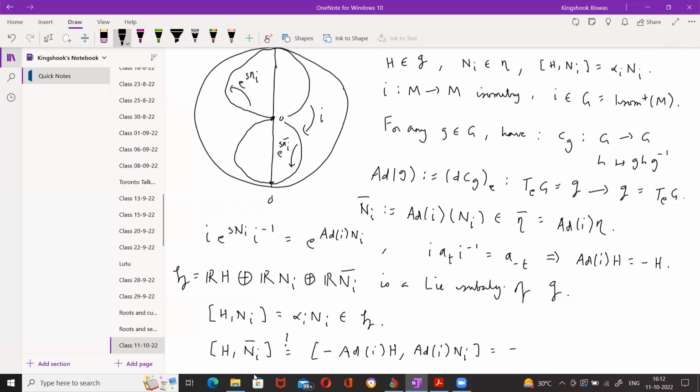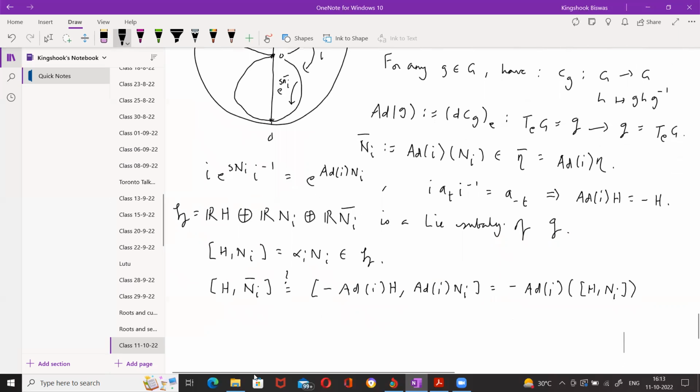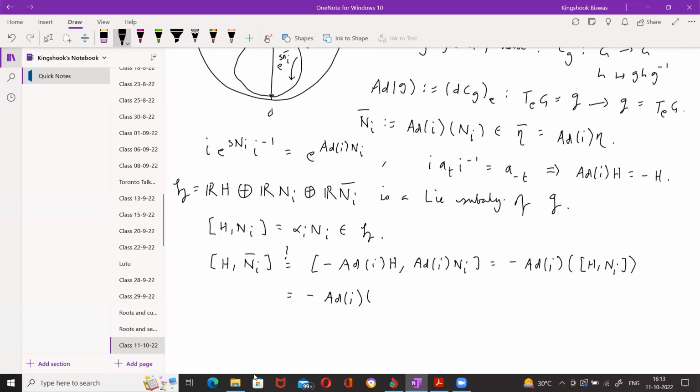This becomes minus Ad I of the bracket of H and N_i, which is minus Ad I of alpha N_i. Ad I of N_i is N_i bar, so this becomes minus alpha N_i bar. So this is also in the space.